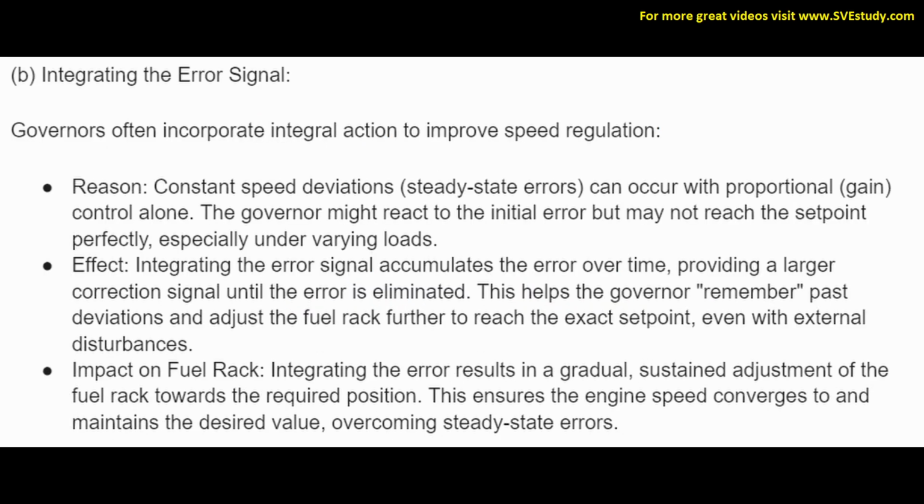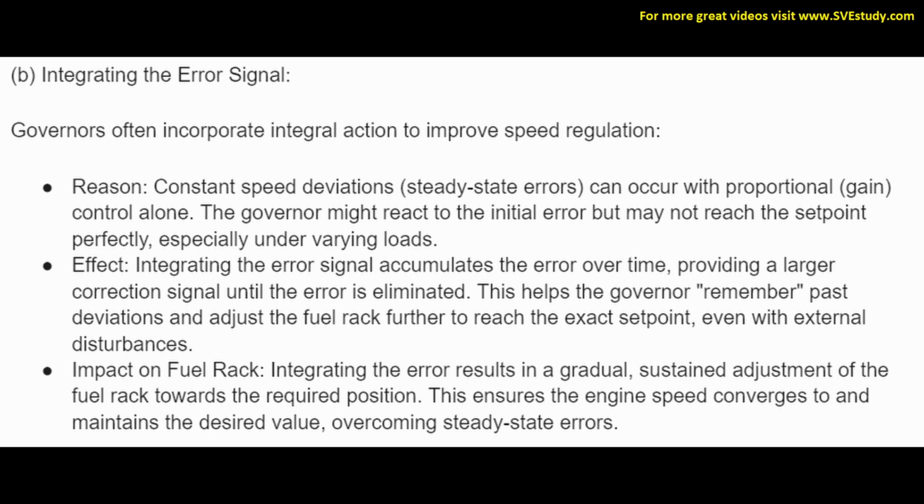B. Integrating the error signal. Governors often incorporate integral action to improve speed regulation. Reason: constant speed deviations, steady state errors, can occur with proportional gain control alone. The governor might react to the initial error, but may not reach the set point perfectly, especially under varying loads.